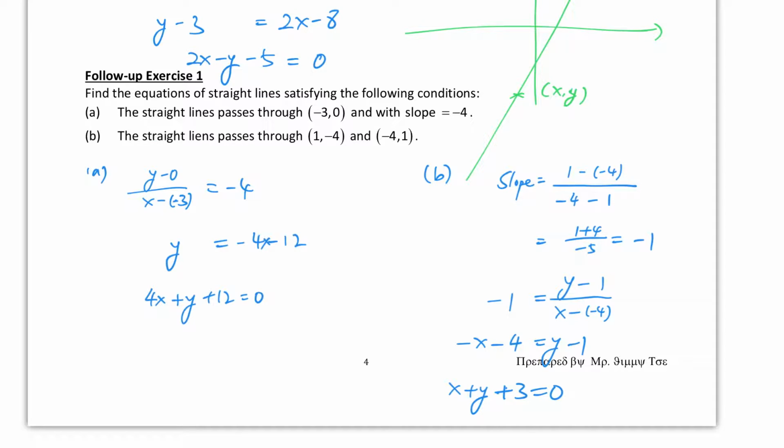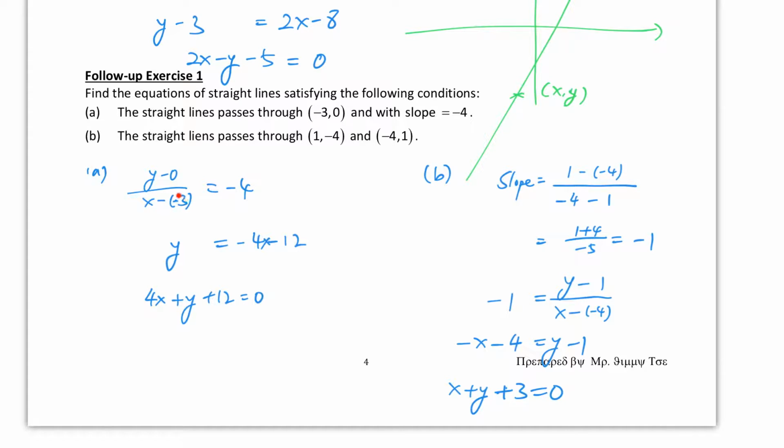Okay, let's check the answer. Find the equation of the straight line passing through (-3, 0) with slope -4. So the slope, equal to -4, must be equal to (y minus 0) over (x minus (-3)).